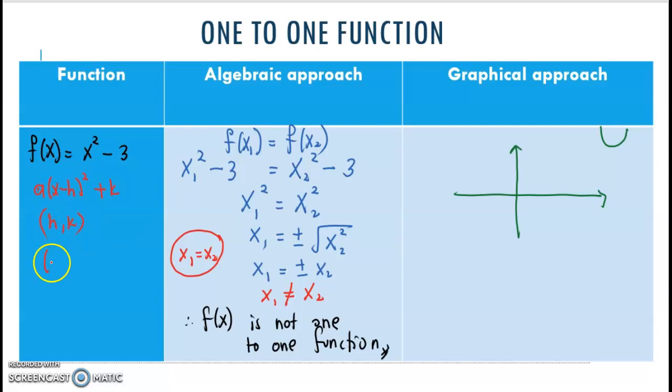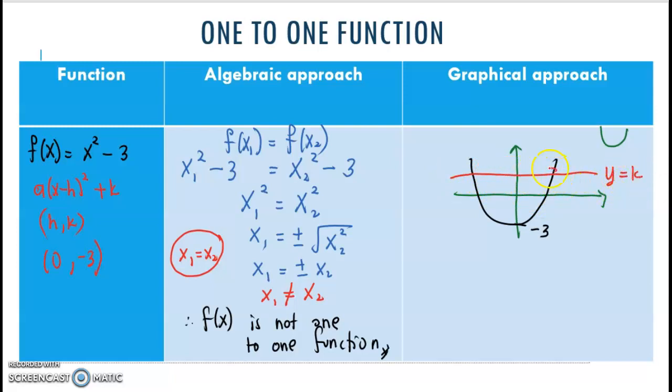So h equals 0 and k equals negative 3. So our graph will be, the minimum is negative 3.